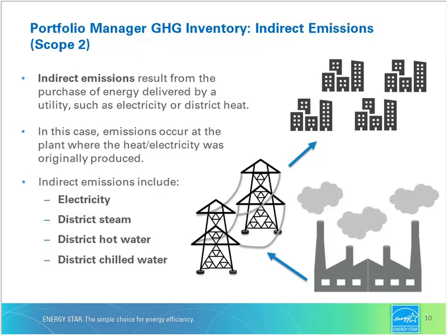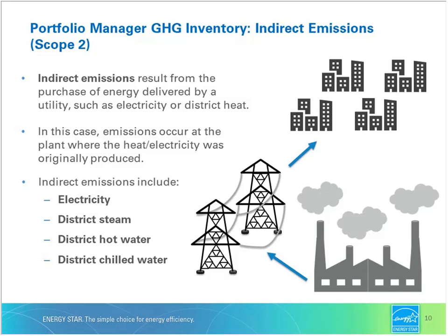But again, because secondary energy types such as electricity are different in terms of where the combustion happens, compared to the direct or Scope 1 fuels, that's why they have their own bin. So as we mentioned, the main sources of indirect emissions are electricity and district fuels.